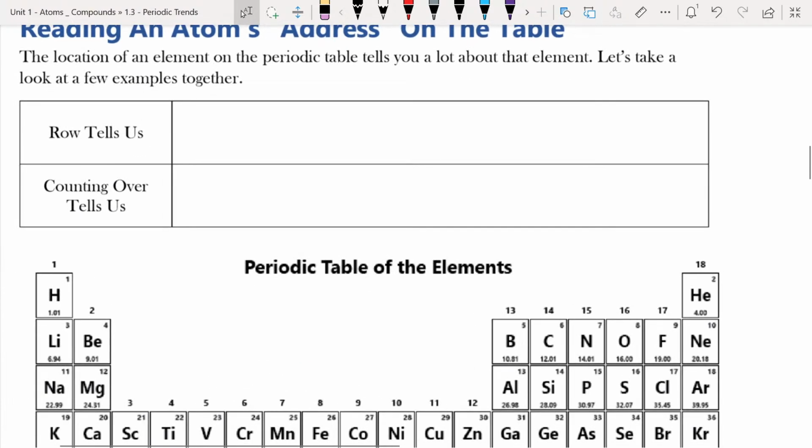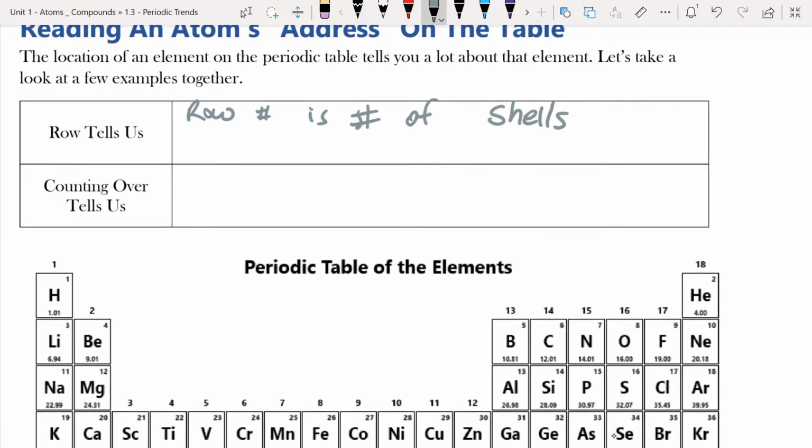So, what does the row tell us? Row number is just number of shells. And they're all full except the last one. You can put that in your own words, all right? Those are the words that make sense to me, but I don't want it to make sense to me.